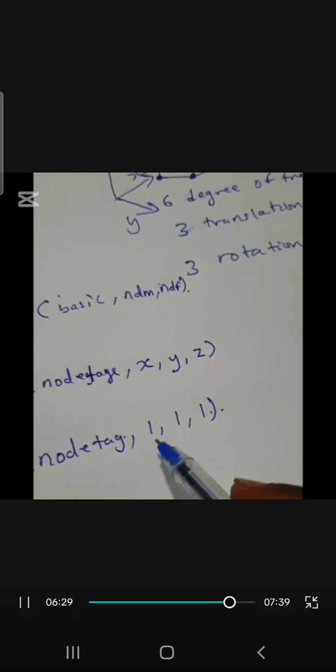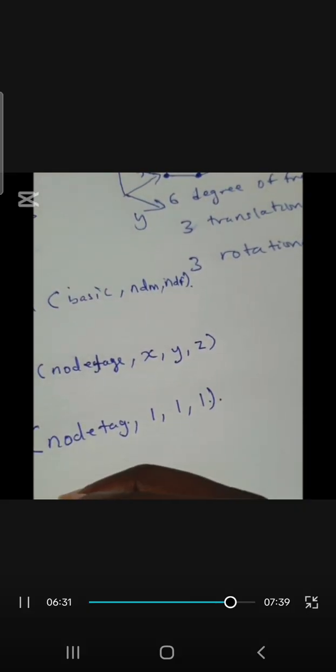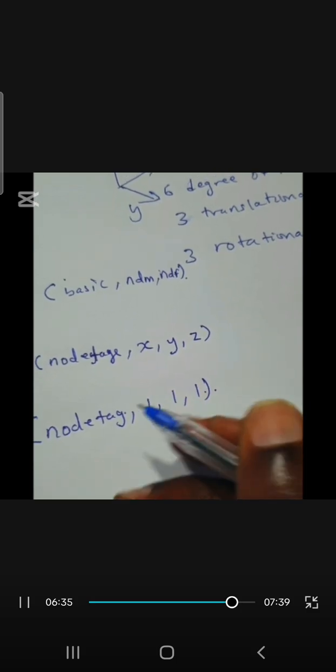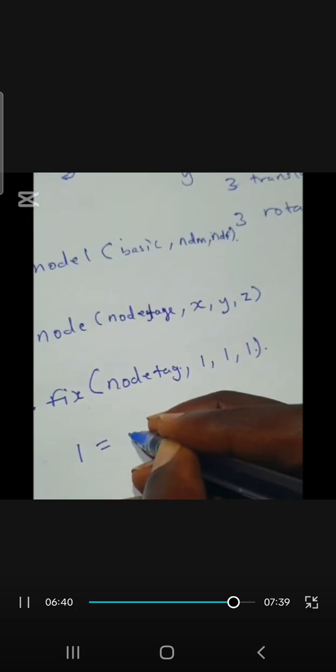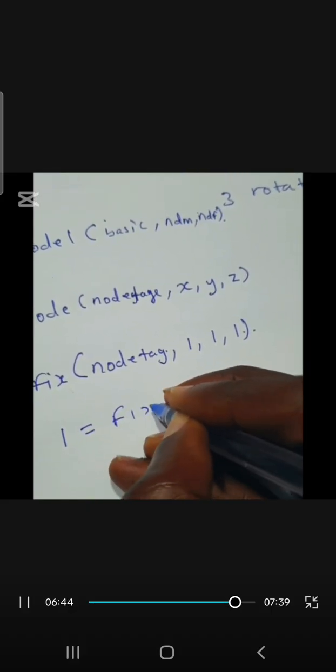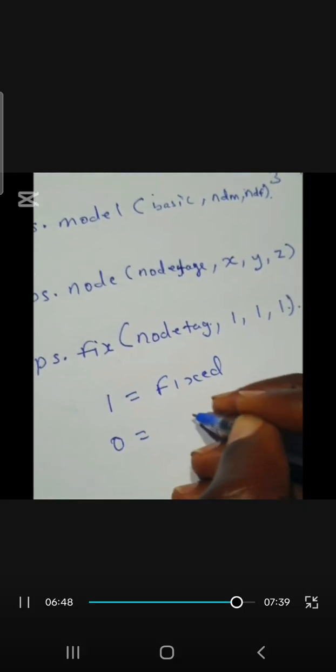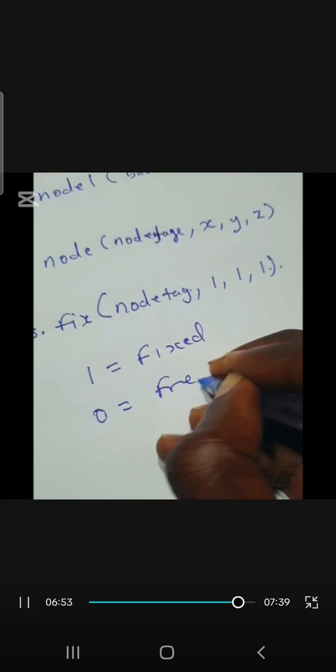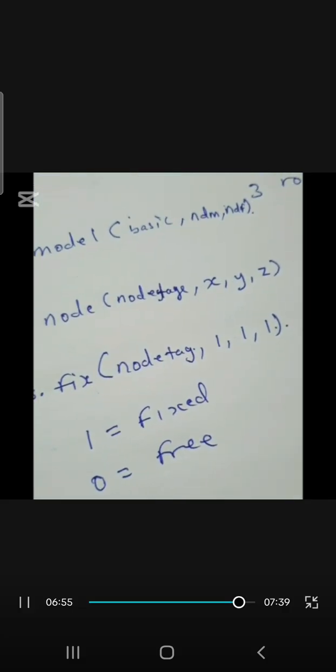So providing this 1, 1, 1, this is just like a degree of freedom at each of the degrees of freedom. So when you have 1, this is showing you that that degree of freedom is fixed. And let's say when you have 0, it shows you that that degree of freedom is free to rotate or to move. But this one is fixed and this one is free.